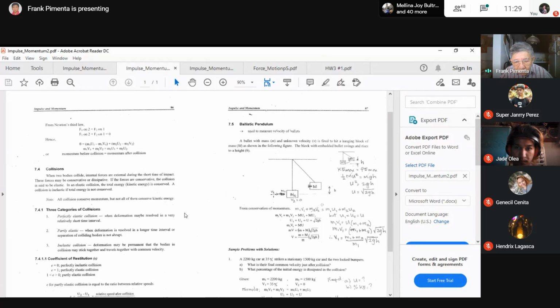Now, since it's a bullet, it is embedded. Okay? Pumasok sa loob.